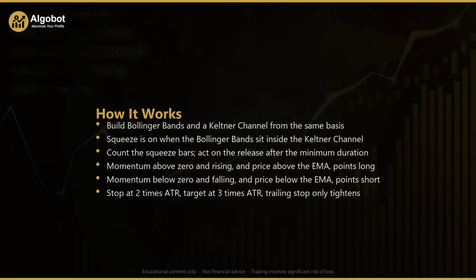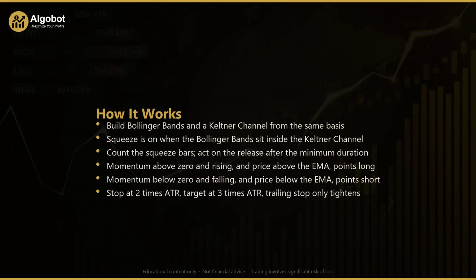Momentum is measured as the close minus the average of the Donchian midline and a moving average over the momentum period. For a long, momentum must be above 0 and rising compared with the previous bar, and the close must be above the trend EMA. For a short, momentum must be below 0 and falling, and the close must be below the trend EMA.